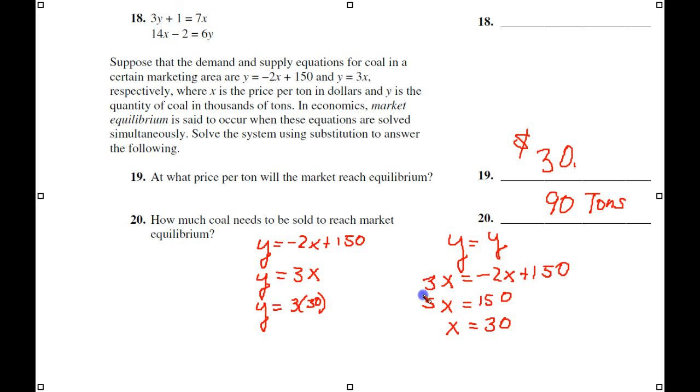So I put this y here and the other y there and solve that equation for x. x is 30. So that would be $30 a ton. And I then put the 30 where the x is and go 3 times x and get 90 tons. That would be equilibrium.